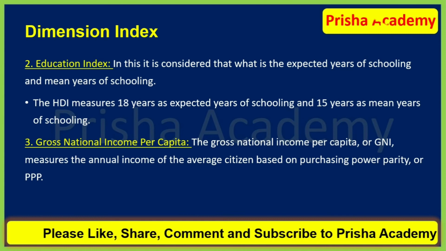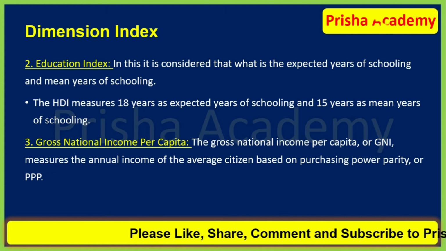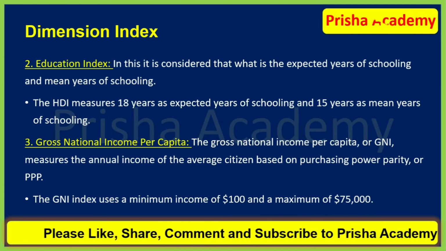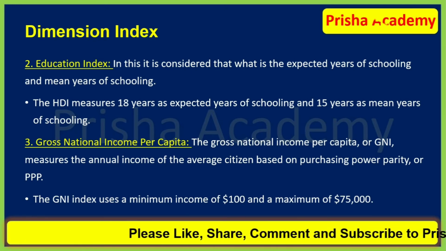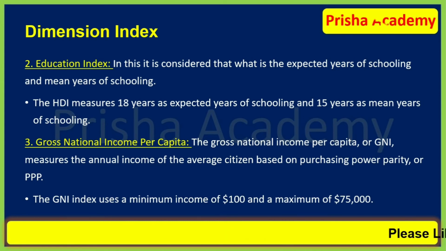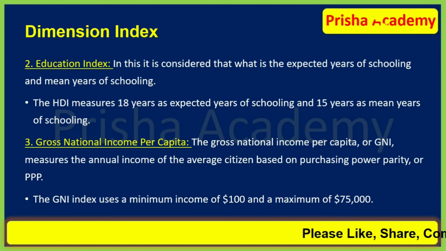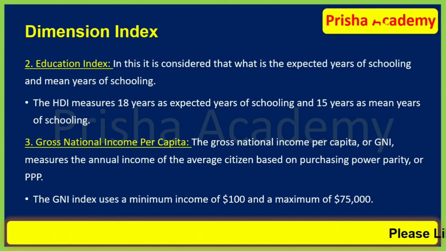So we take GNI or per capita income on a purchasing power parity basis. For GNI they say that the minimum per capita income is 100 USD and the maximum is 75,000 USD. There are only 5 countries as of now which have per capita income above 75,000, so the maximum they have taken is 75,000.